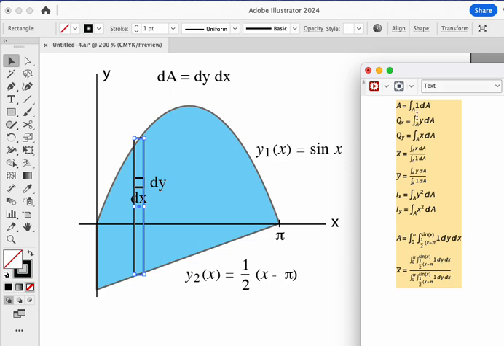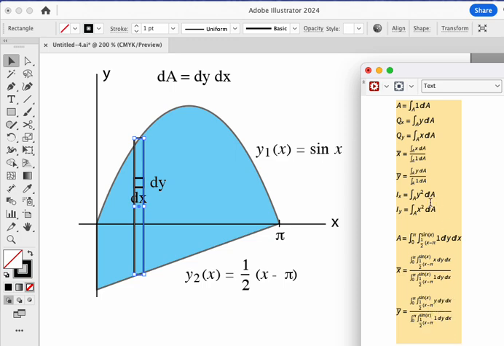The top one has to be the integral of x dA, so I'm going to change that 1 to an x, and dA on the bottom, so that's just 1 dA right there. If I want to do y bar instead, then I just change that to y. So it's the integral of y dA over the integral of dA.